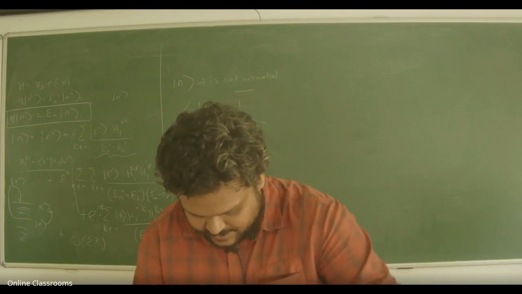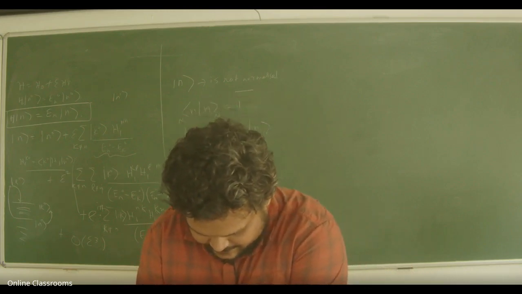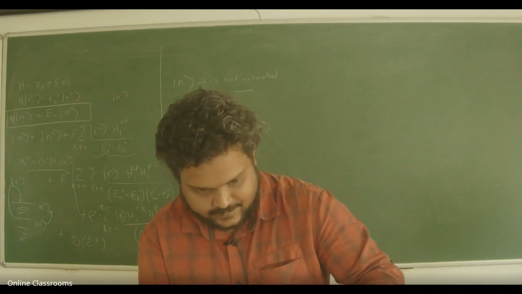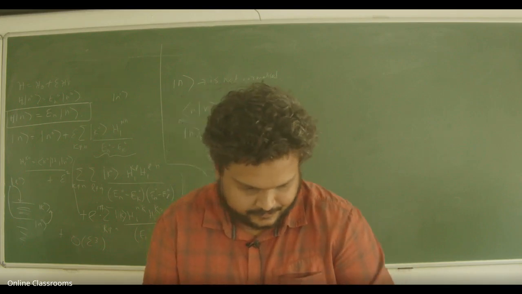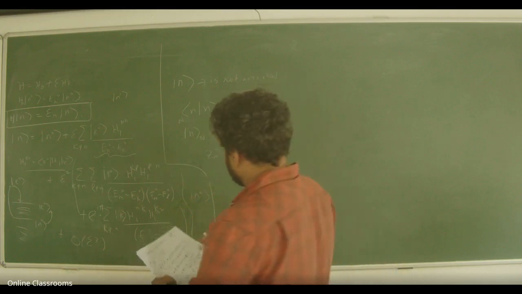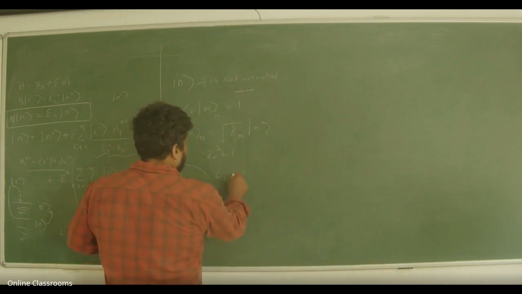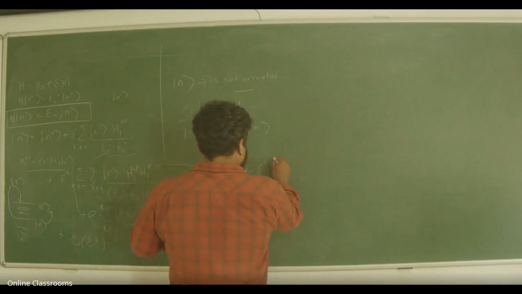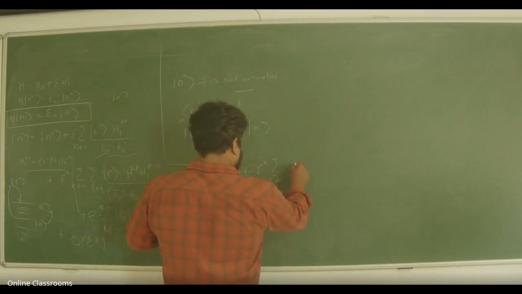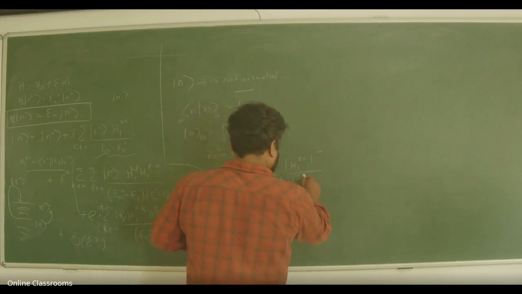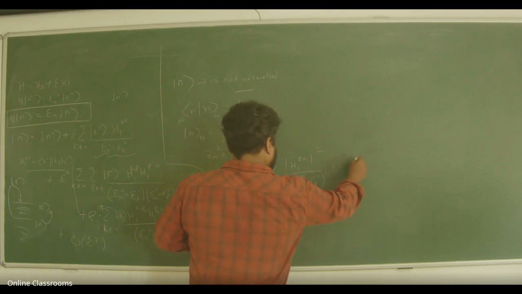So I will not rewrite that expression again, but okay, let me write just the expression. This Zn, we calculated to be, up to order epsilon squared, the following.